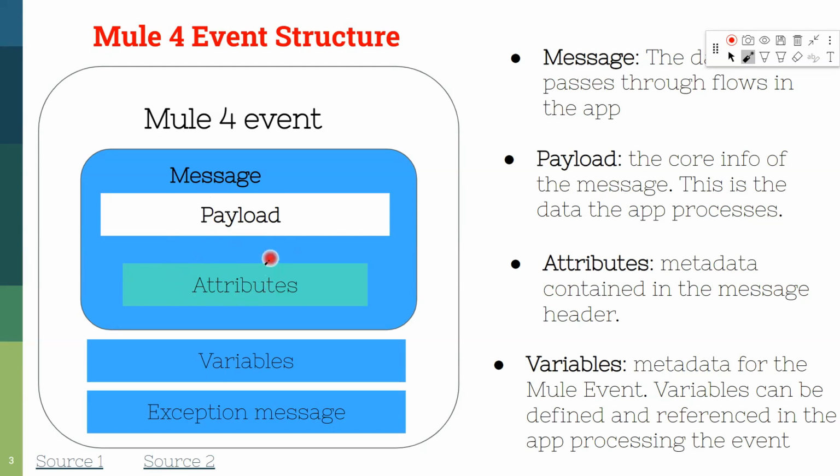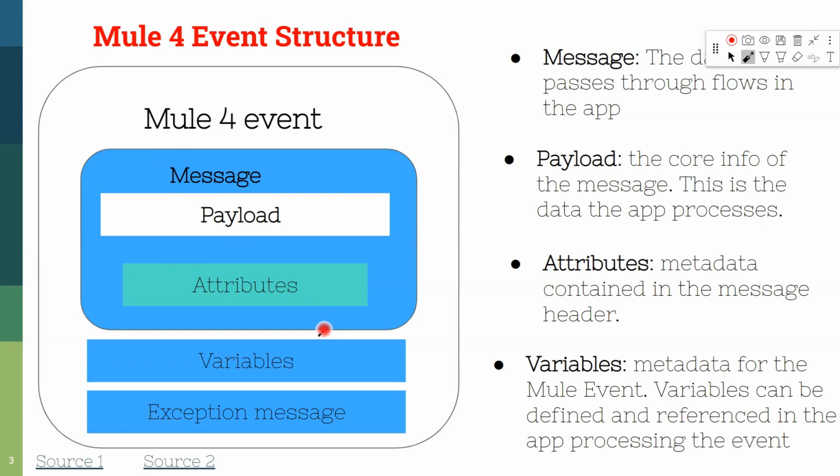Payload is the data that the app processes, and the attribute is metadata about the payload. We saw our query parameters and URI parameters under attributes. And when we read in files also, the file name, when it was last modified, and so on. Such information about the main data are attributes. So attributes and payload are part of a message.